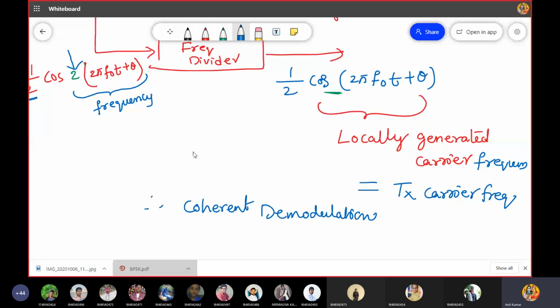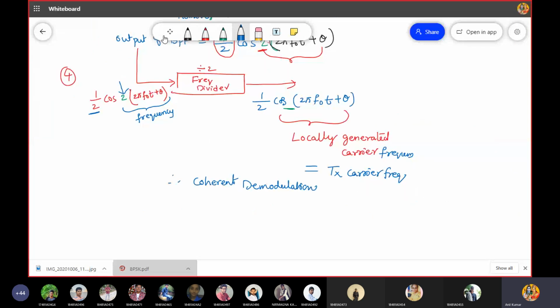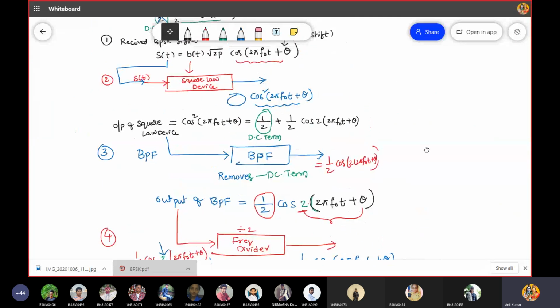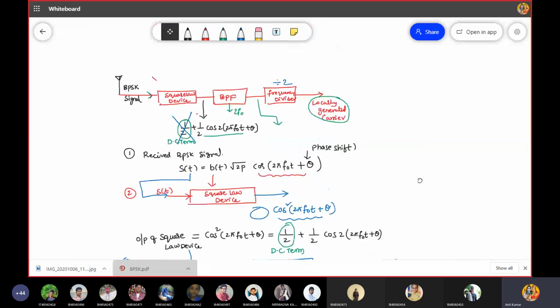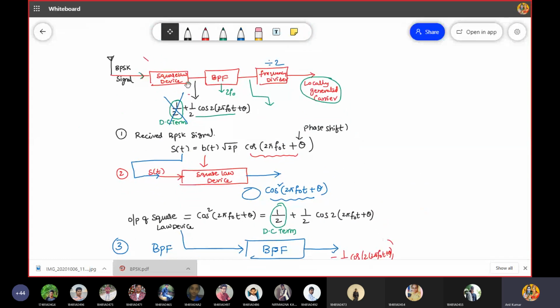Is it okay, guys? So clearly I will explain this step by step. So first, the signal is given to the first square law device. After then the signal is given to the band pass filter. After then the signal is given to the frequency divider. So finally the output of the frequency divider is the locally generated carrier signal.